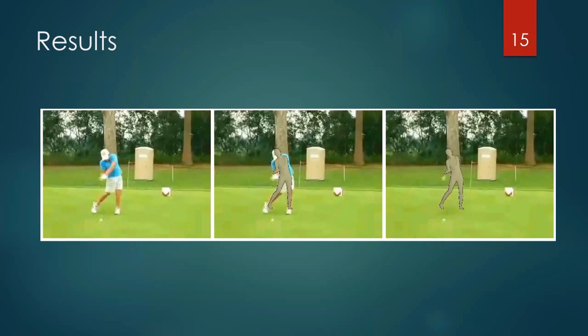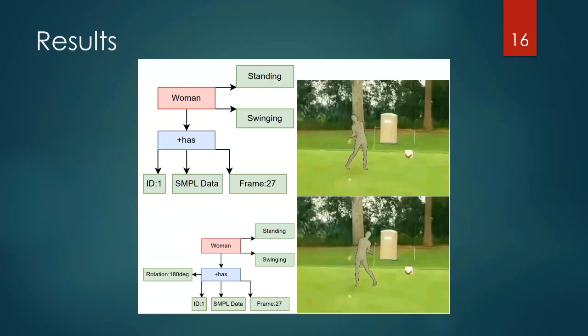And then we can remove the person from the image, effectively creating hybrid data that can be used to train other models or for fine-tuning. So the idea is that by using this, we can effectively create new data just using original video information or images.